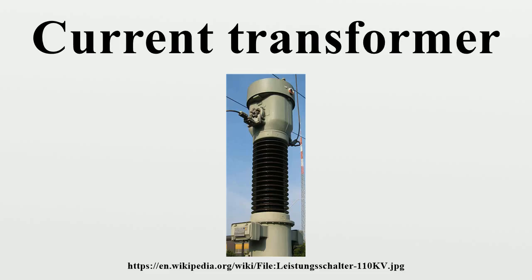CTs are specified by their current ratio from primary to secondary. The rated secondary current is normally standardized at 1 or 5 amperes. For example, a 4000-5 CT secondary winding will supply an output current of 5 amperes when the primary winding current is 4000 amperes.